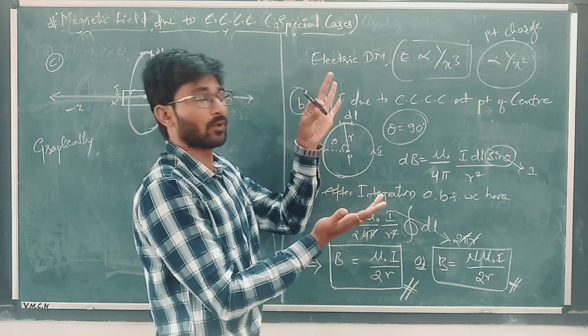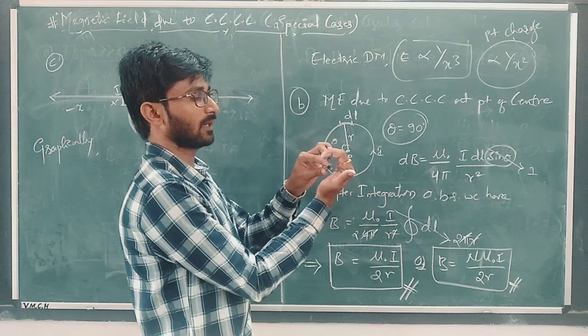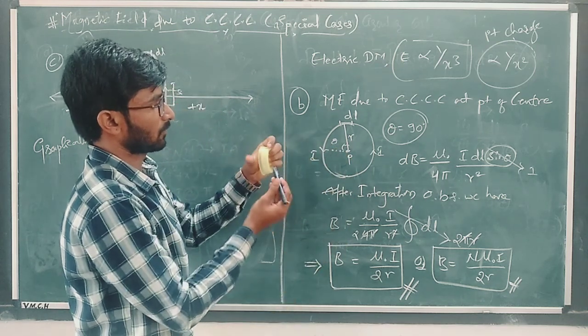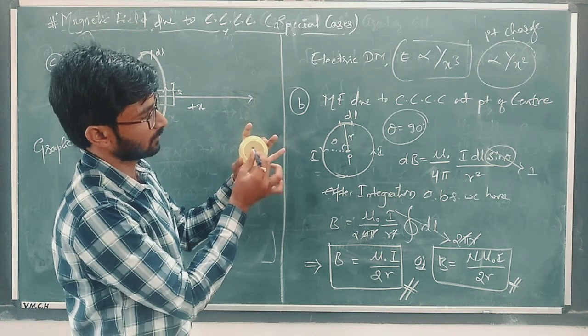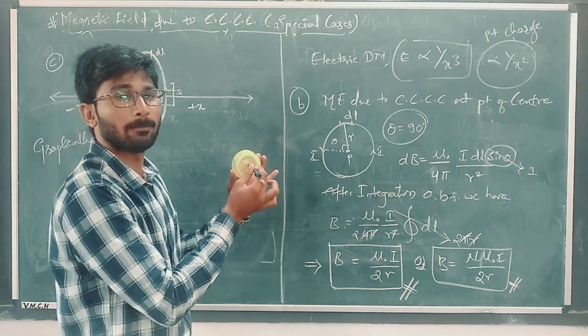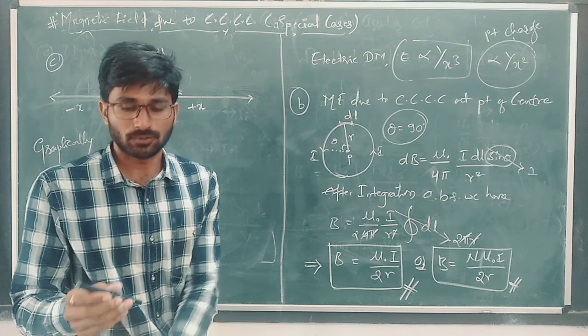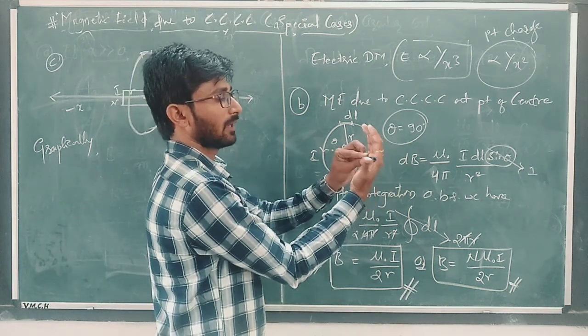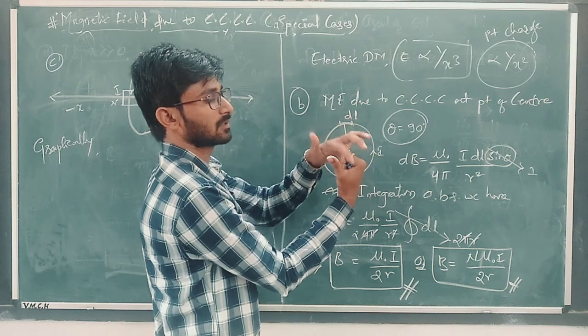This is the center point, okay. Here I am going to find the magnetic field. For example, this is the circular coil, and in this circular coil I am going to find the magnetic field. So this is the right hand, now I will place it here, considering this is the center point.